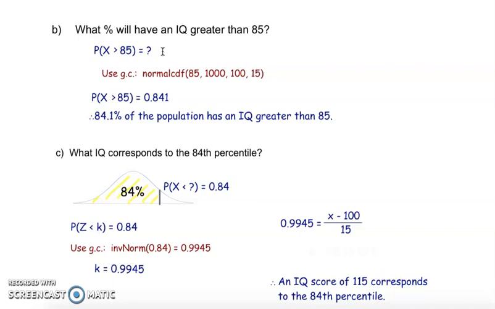The mean is 100, standard deviation is 15. Okay, and then if you calculate that, it's 0.84134, so round it to about 84.1%. Okay, that makes sense because an IQ score of 85 is lower than the mean of 100, so you have more than 50% of the population for sure.